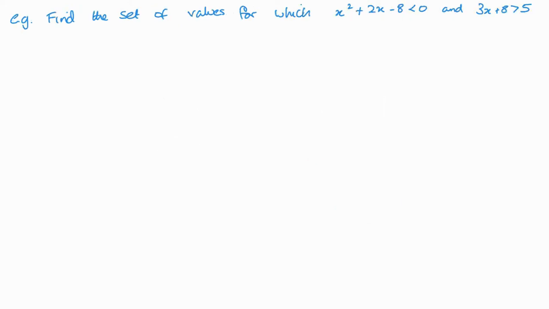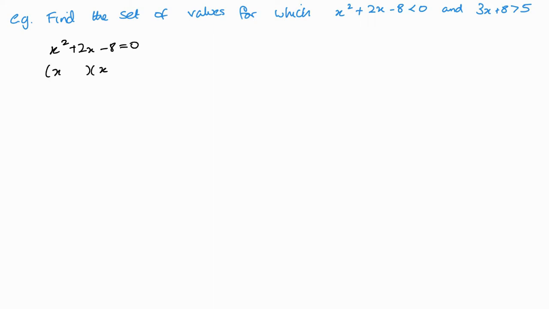Find the set of values for which x squared plus 2x minus 8 is less than 0 and 3x plus 8 is greater than 5. So what I need to do here is essentially work out these two separately first. So x squared plus 2x minus 8 equals 0.